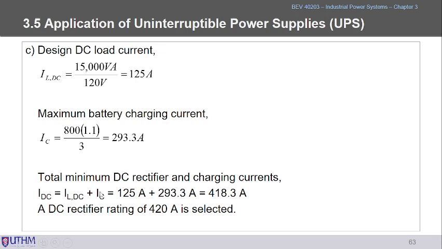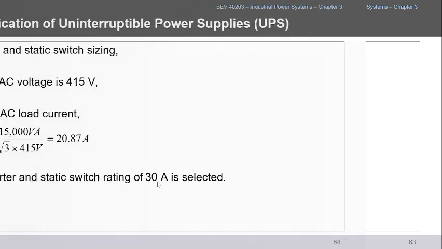So the minimum DC rectifier current is the load current plus the charging current. So 125 plus 293 is 418 ampere. Of course we can choose higher, which is 420 ampere in this case. This is for the rectifier current.